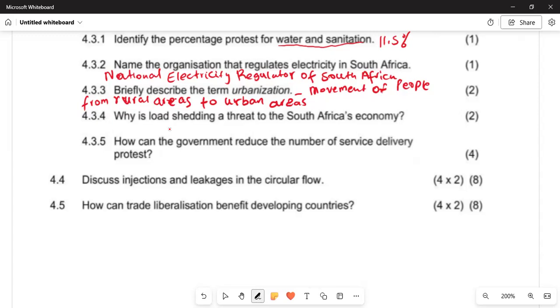Load shedding reduces the capacity of the country to produce goods and services.